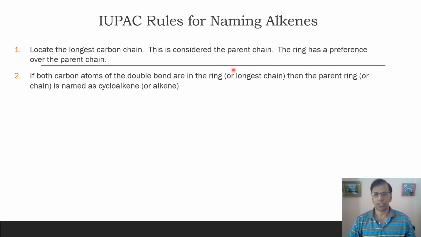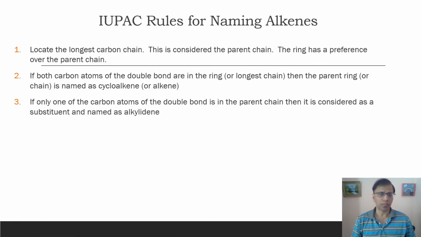But if it's a chain, then it's called an alkene. And we spoke about this: when one of the carbon atoms of the double bond is in the parent chain and the other one is not, then it's named as alkylidene.